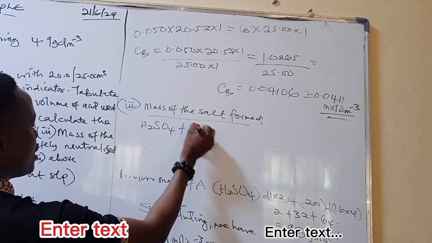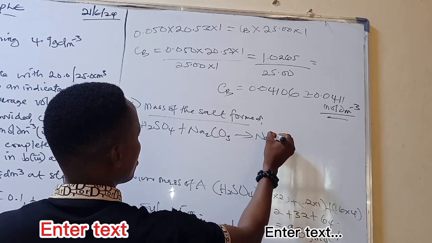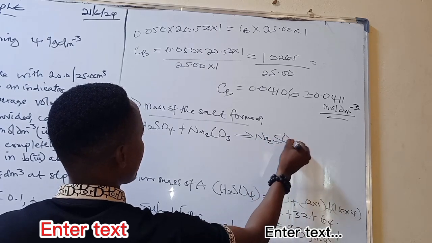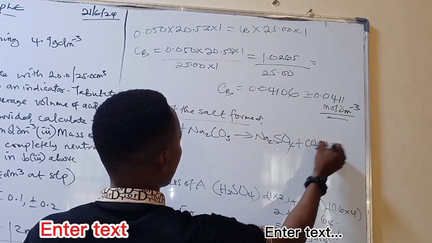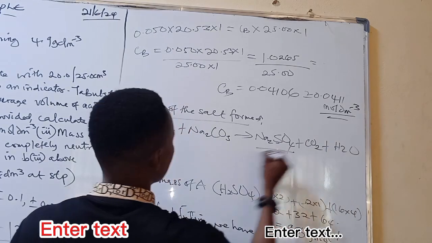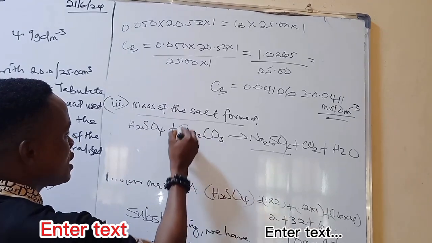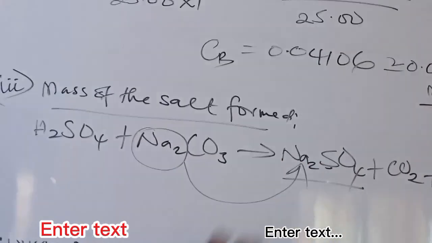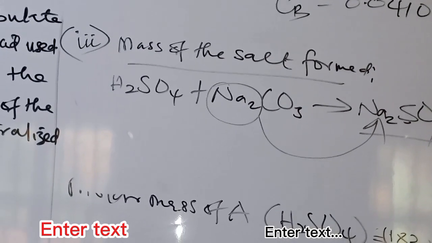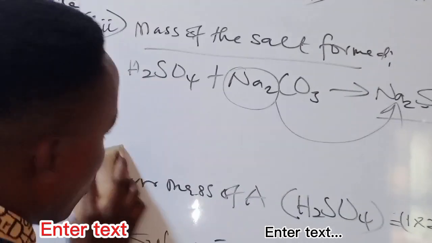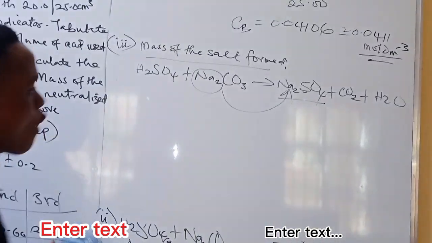H2SO4 plus Na2CO3 will give you Na2SO4, that's sodium tetraoxosulfate(VI), plus CO2 plus H2O. Now this is the salt formed, and you can see it from here. That's the salt formed now. So we are asked to calculate the mass of the salt that is formed here.